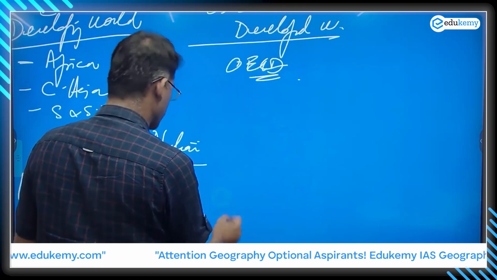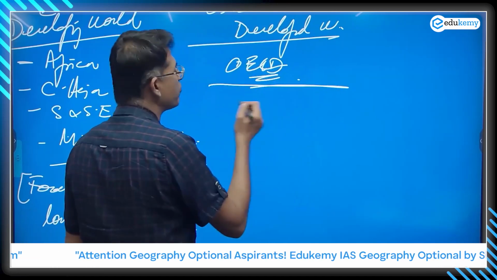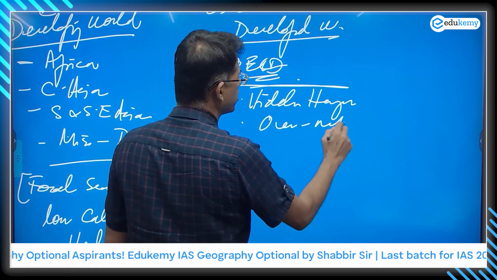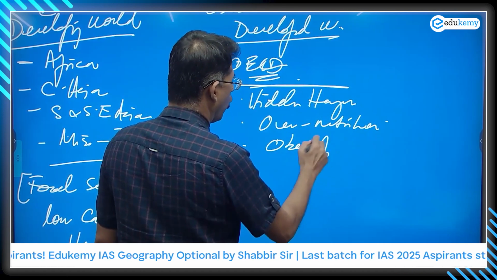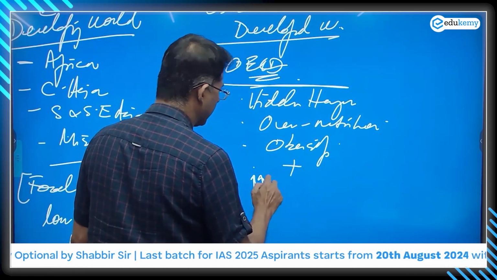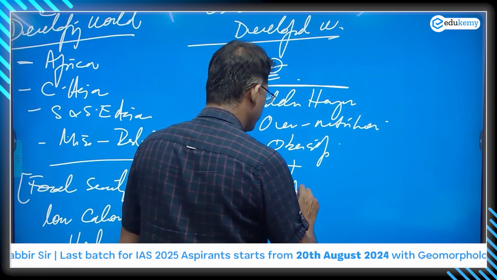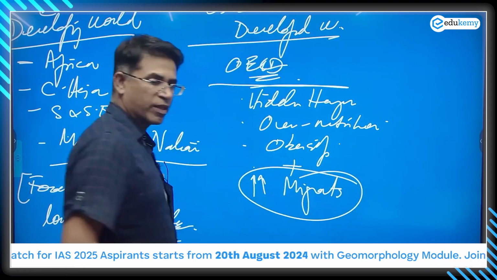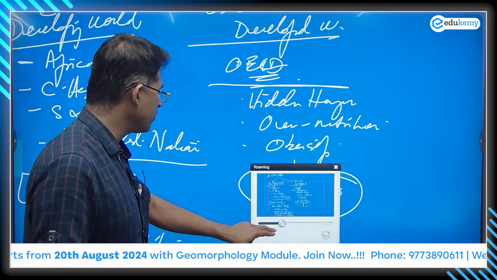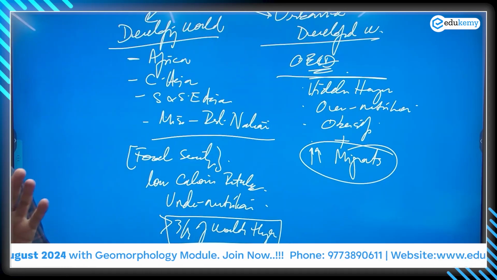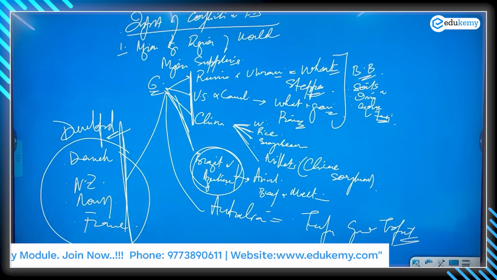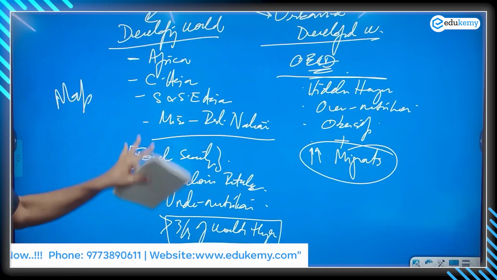Whereas the developed nations, these areas have problems of hidden hunger and there are problems of overnutrition, there are problems of obesity. Plus, इसमें एक additional component है, hunger problems of the migrant population. Every developed nation में, urban areas में, they have problems of the migrant population. ठीक है? So, ये भी आप दिखा सकते हो in terms of a map. So, source areas, and these are the areas which have problems.